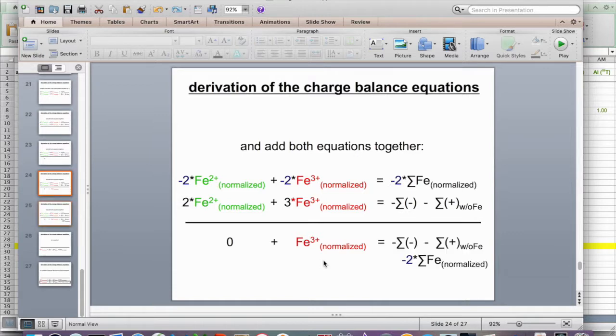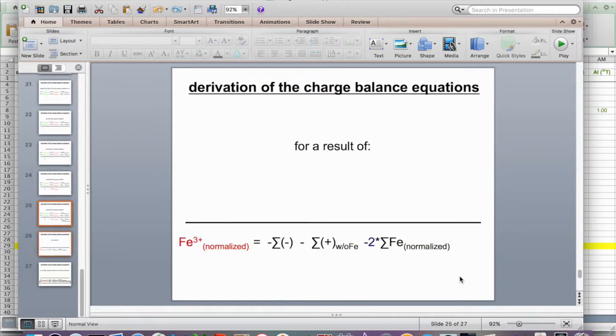And then when we add the right-hand side together, there isn't really any way to simplify that, so that just becomes all three of those terms. So we have minus the sum of the negative charge, minus the sum of the positive charge without iron, minus 2 times the sum of the iron normalized.